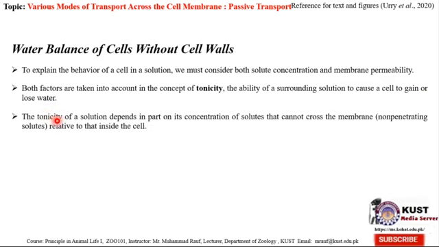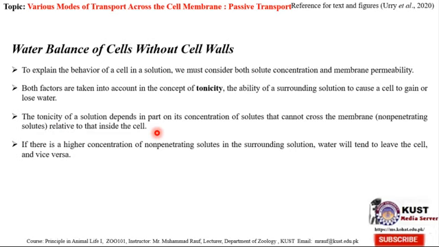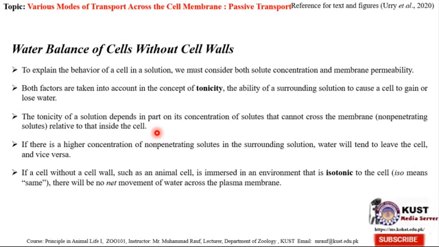The tonicity of a solution depends in part on its concentration of solute that cannot cross the membrane relative to the concentration inside the cell. So in the coming slide we will further clarify this concept.